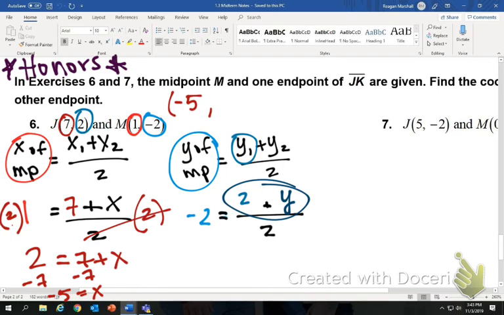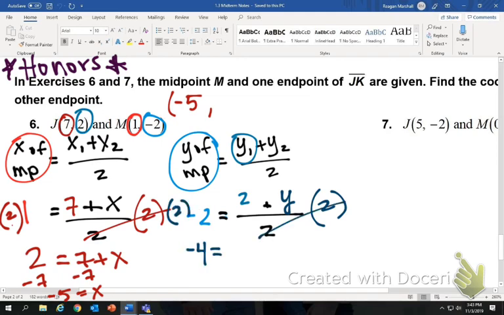So again, y is being added to 2, so we need to get that by itself. We're going to get rid of this denominator by multiplying on both sides. 2 times negative 2 is negative 4. And then on the right side, you still have 2 plus y. Subtract 2, negative 6 equals y.